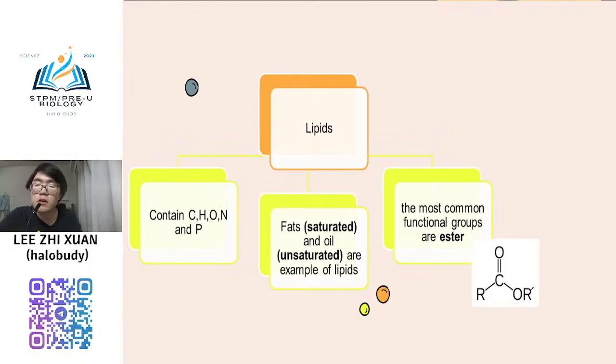The difference from water and carbohydrate is that lipid does not have a fixed ratio. There is no fixed ratio for lipid, so there are many manners to classify lipid.